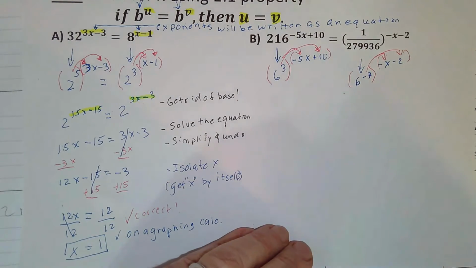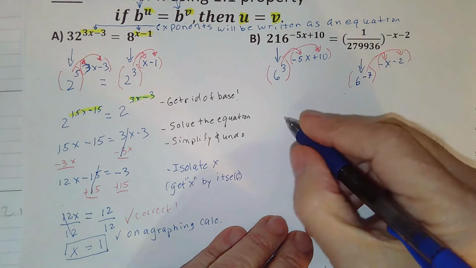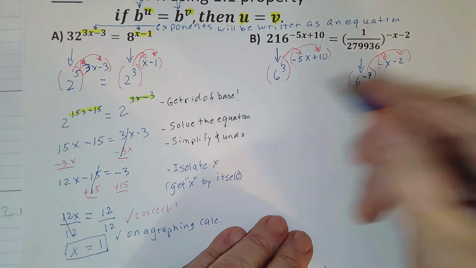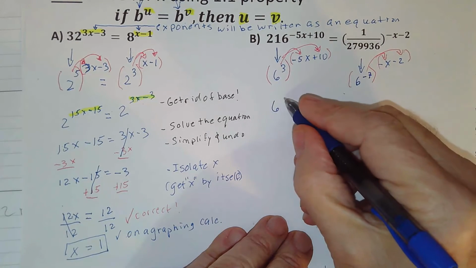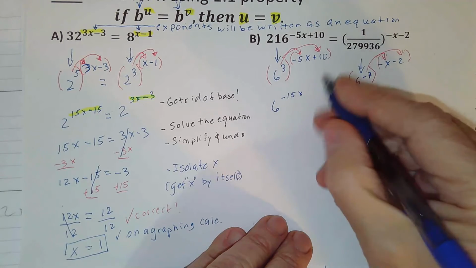All right? So let's do that. So it's 6 times 3 to the negative 5x is 6 to the negative 15x. And 3 times 10 is 30.